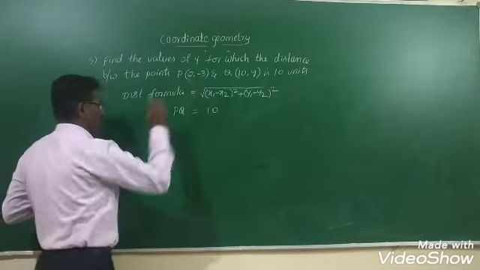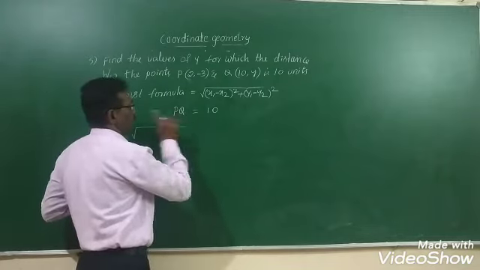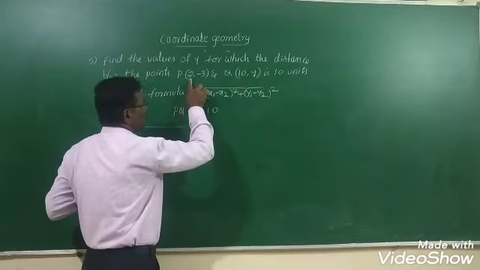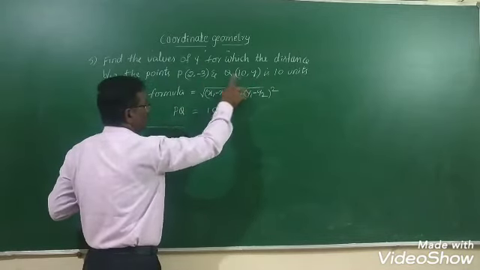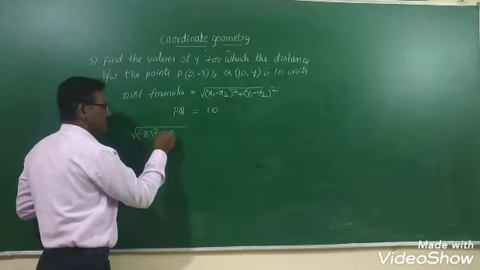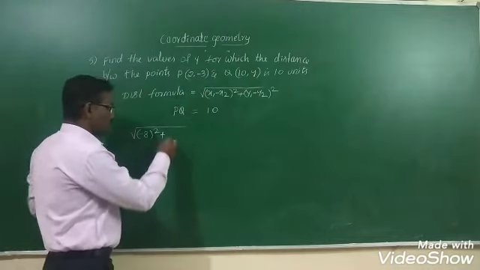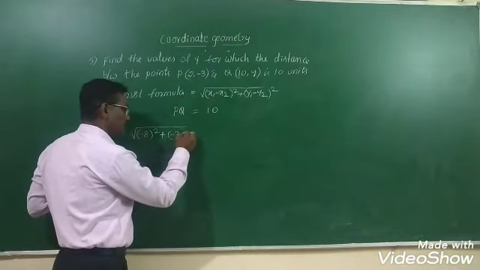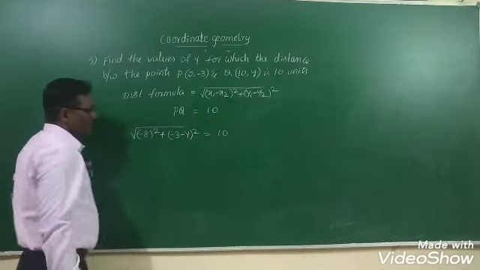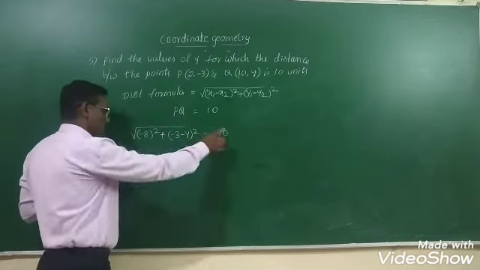By using the distance formula, square root of, P be the first point, Q second point, (x1, y1), (x2, y2), (x1 minus x2) whole square. 2 minus 10 whole square is minus 8 whole square, plus (y1 minus y2), minus 3 minus y whole square, equals 10. By transposing this square root here, we get the square of 10.